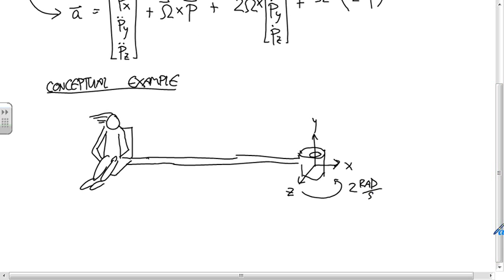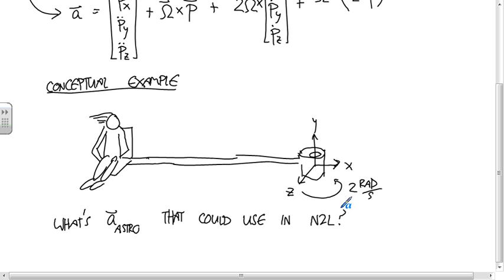And say that the coordinate system is rotating with this chair. The question is, what's the acceleration vector of the astronaut that we could use in Newton's second law to calculate forces and things like that? And let's say that this distance is 5 meters.